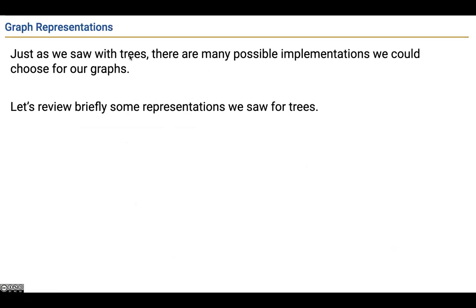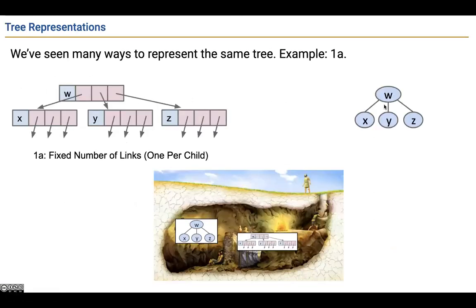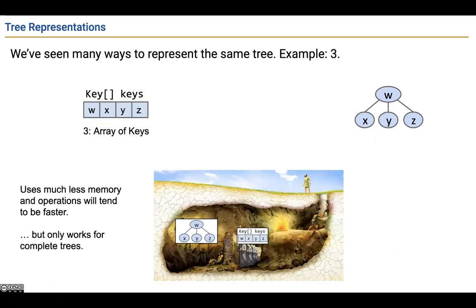Do you remember with trees, there were all these different representations, and they all represented the same picture. Here's my little picture of a tree, and I could represent the tree using links that are recursive. I could use that array that we saw from, I don't know, two or three lectures ago. So there were all sorts of different ways to represent the same tree.